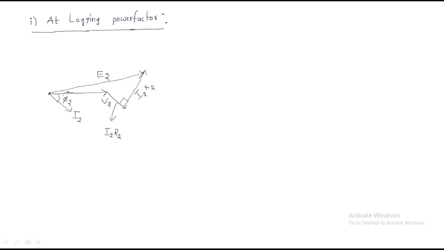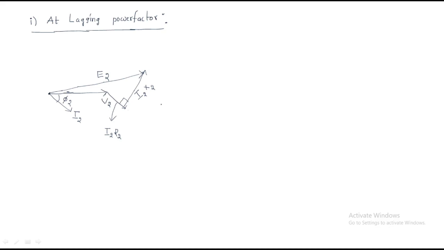This is complete if the load is acting at the lagging power factor. That's why V2 is the load voltage and load current I2 is lagging by phi2. That's why we get a secondary drop like this. The formula is like this.